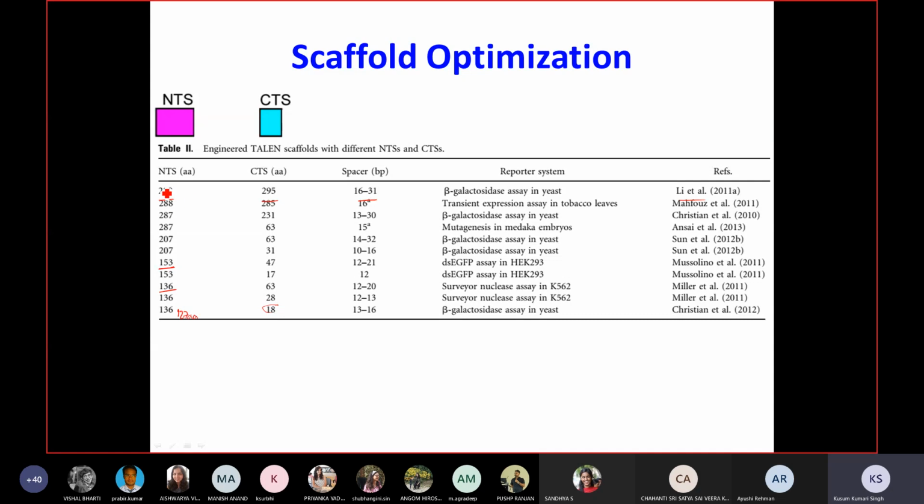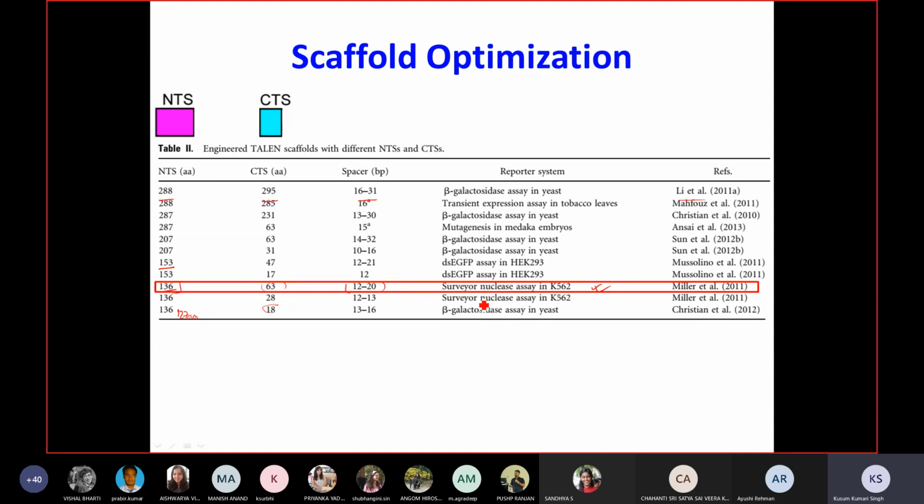After the first TALEN, another important TALEN was created, which was most popular: 136 in the N-terminus, 63 at the C-terminus, and 12 to 20 amino acids in the spacer region. You will find a lot of publications with this kind of TALEN used in their system.